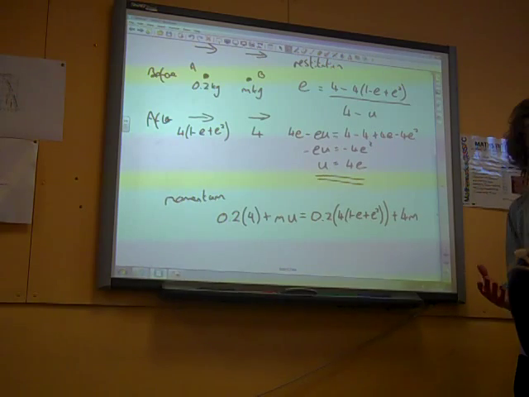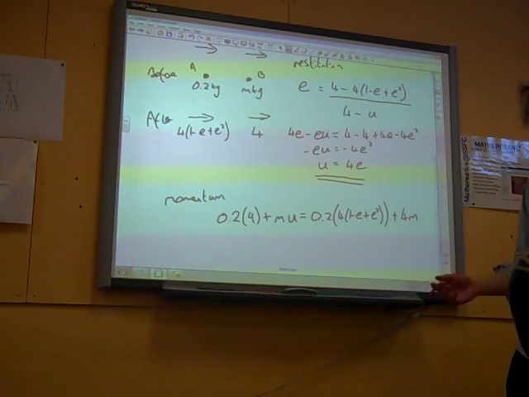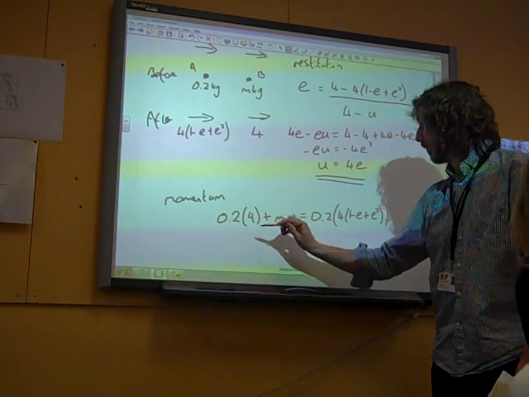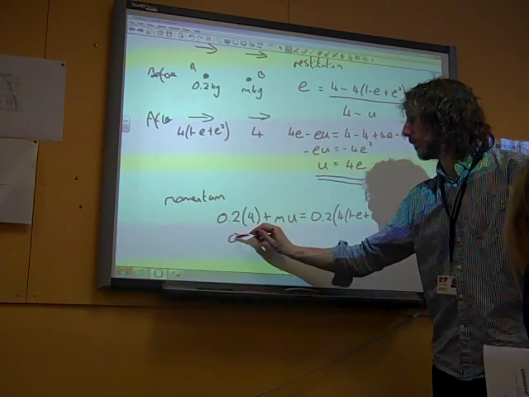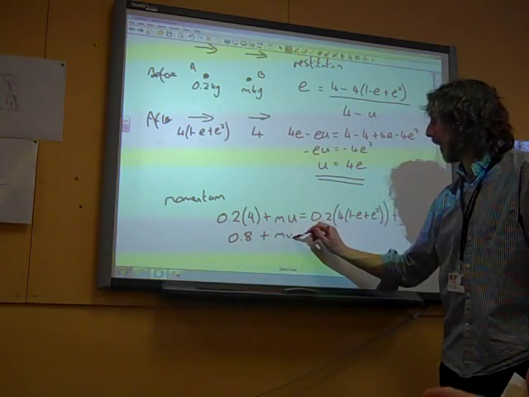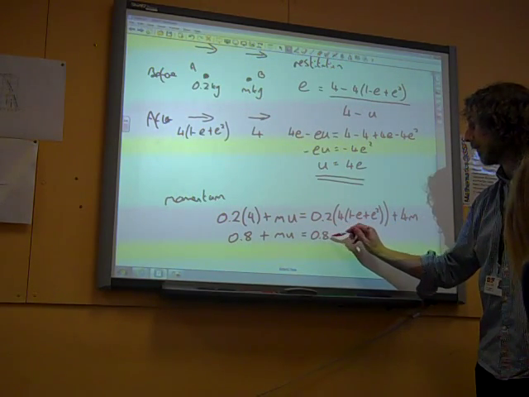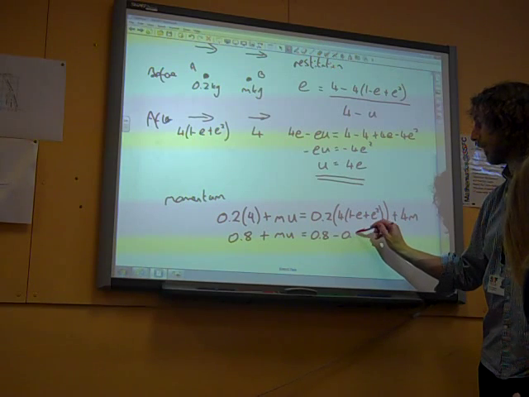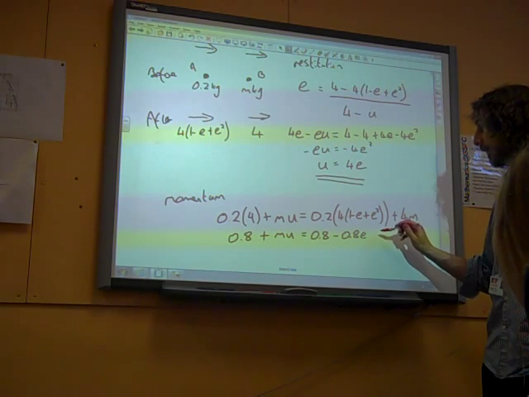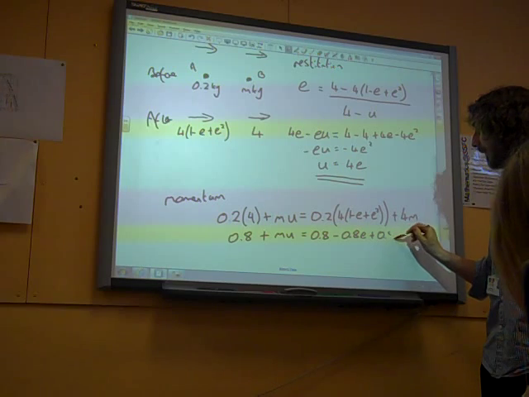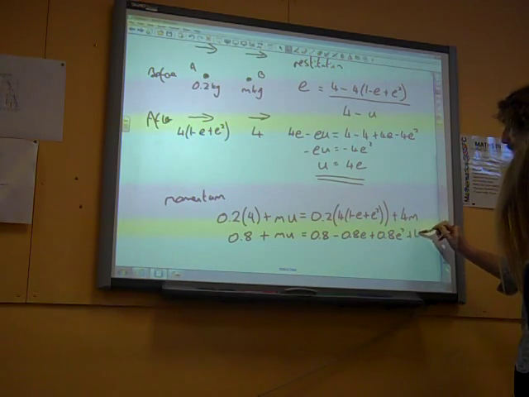And I now just need to work out the algebra that's going on here. I've got 0.8 plus mu is 0.8 minus 0.8e plus 0.8e² plus 4m.